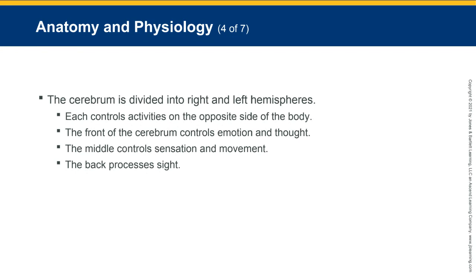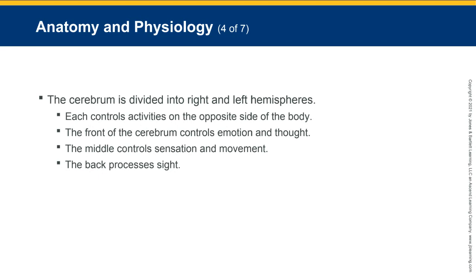So the left brain or left hemisphere controls movement on the right side of the body. The right hemisphere controls movement on the left side of the body. The left hemisphere has to do with how we interpret, how we understand speech.